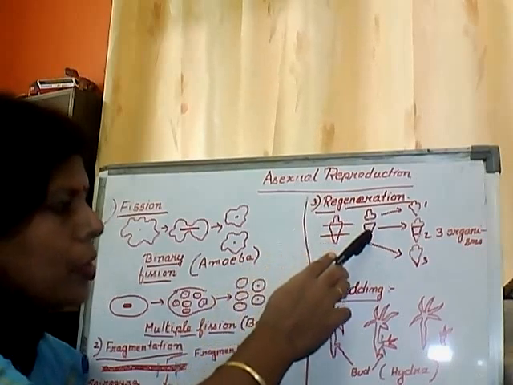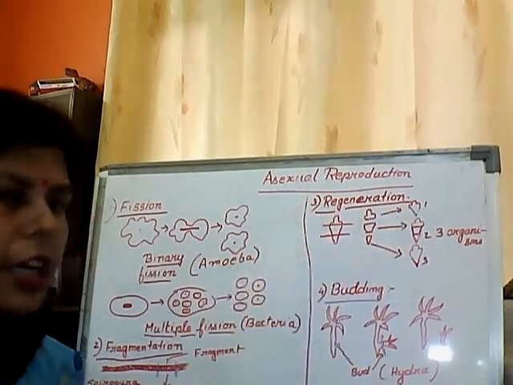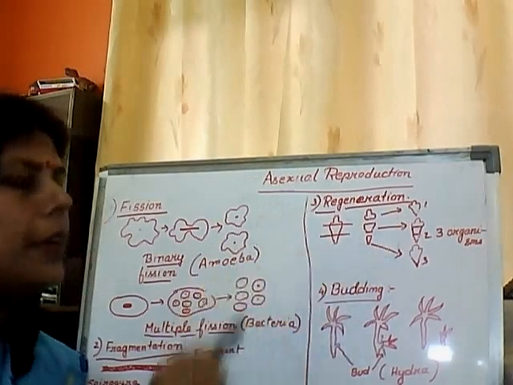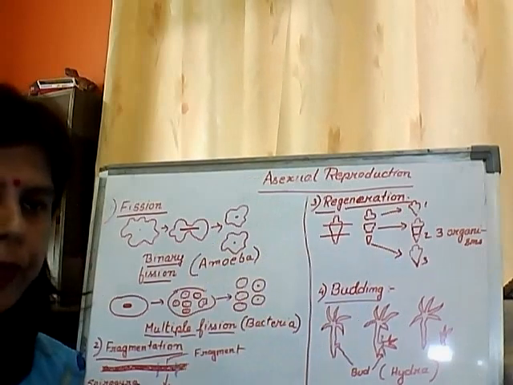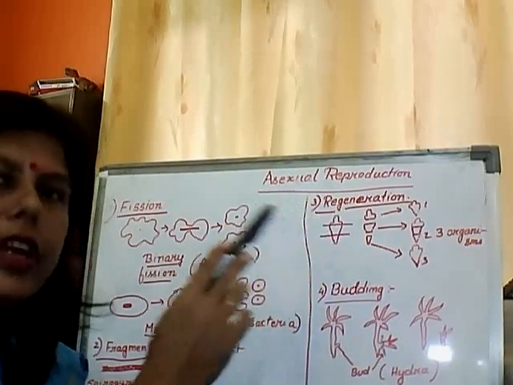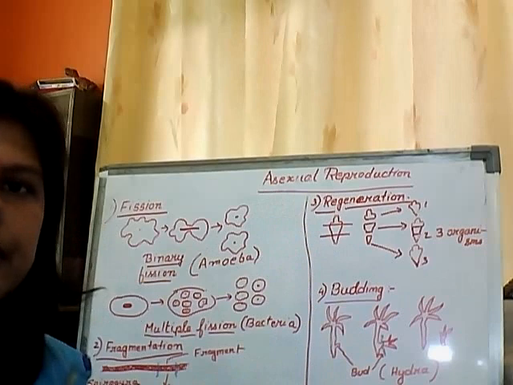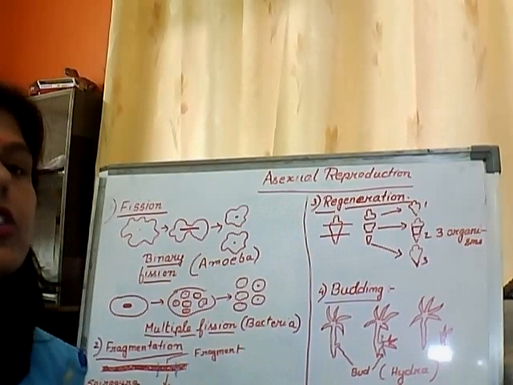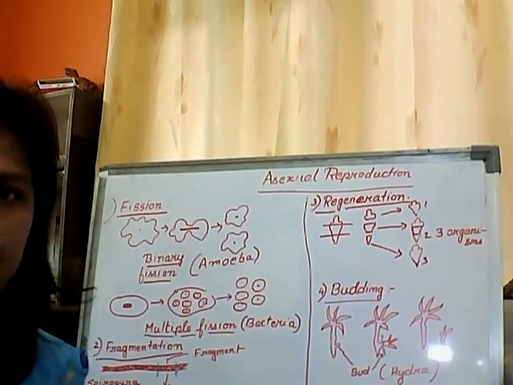So since from 3 pieces it has given rise to 3 new individuals, it is said to be asexual reproduction. Now here one more thing you have to remember, this process even occurs in higher organisms like lizard, but that is not an asexual reproduction process.